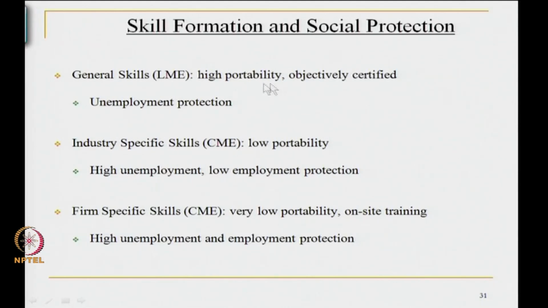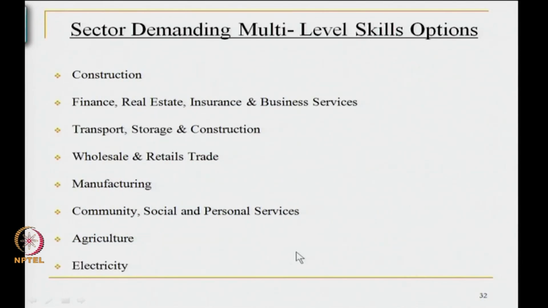General skills: high portability, objectively certified, and can have unemployment protection. Industry specific skills: low portability, high unemployment, low employment protection. Firm specific skills: very low portability, on-site training, high unemployment, and you still could have some employment protection.